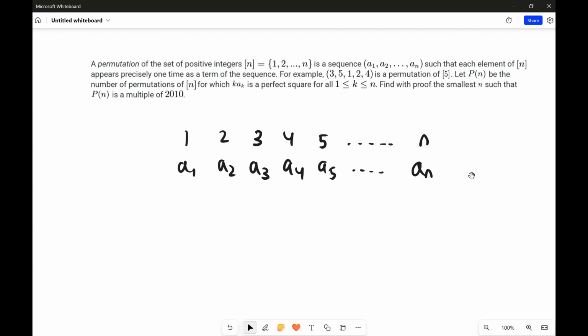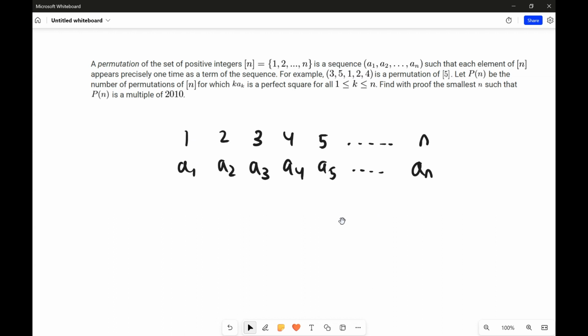The natural way to start is to consider the perfect squares themselves, because a perfect square times a perfect square is a perfect square, and a perfect square divided by a perfect square is also a perfect square. That means that for each of the perfect square indices, the corresponding permutation value must also be a perfect square.